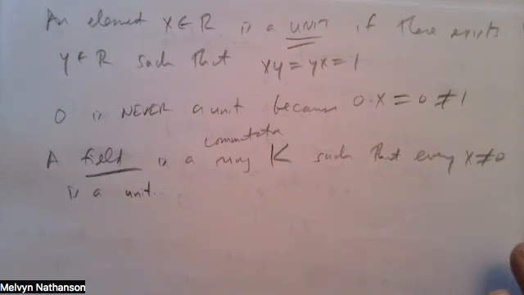So in the field there is no 0. I mean, in the set. Well, a field is a ring, so yeah.